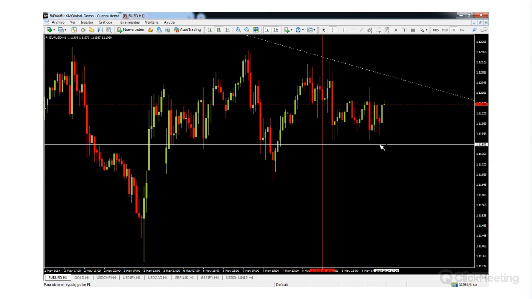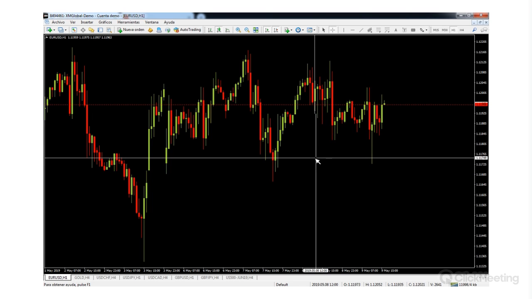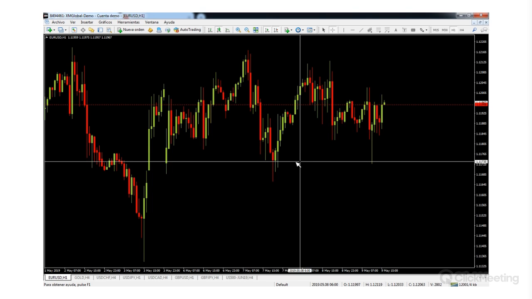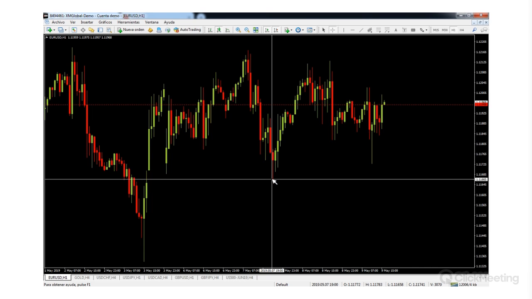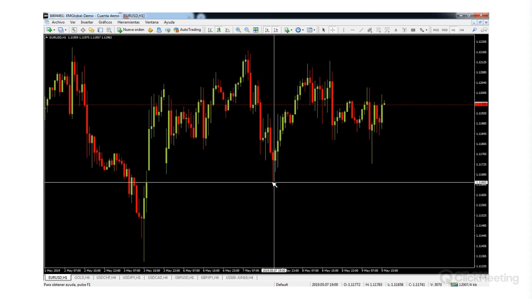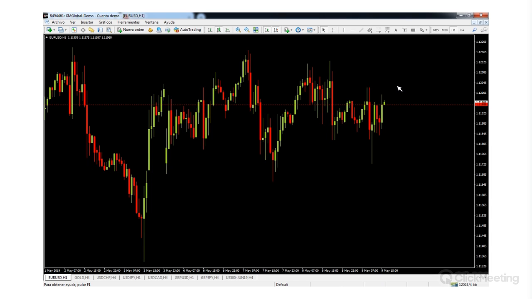Now let's take the euro versus the US dollar and look at May 7th. Hold on, this is the 1 hour chart. Let me get rid of this vertical line. All right, May 7th is here. If we take the low on May 7th and go to where price is trading right now, it's just 30 pips.